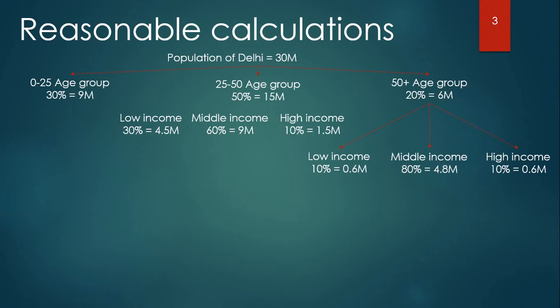If you see here, I have considered different percentages for 25 to 50 and 50 plus age group, considering people of higher age group are less likely to fall in the low income group. So I have just considered 10% of this to be in the low income group, which means 0.6 million, 80% under middle income group, and 10% in the high income group. So this has further segmented my user base into smaller chunks.